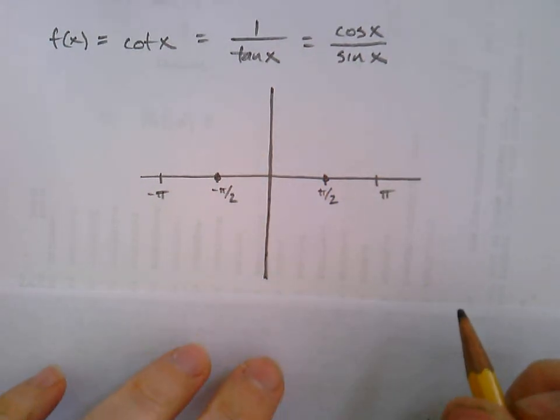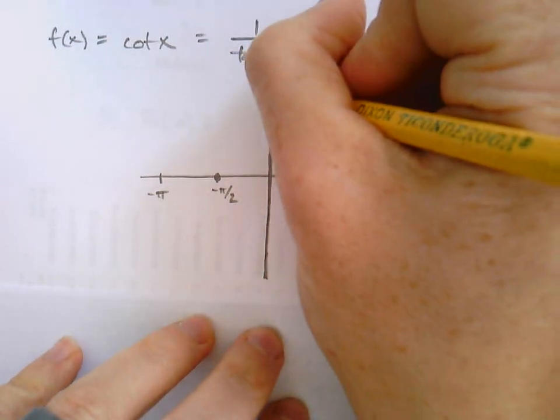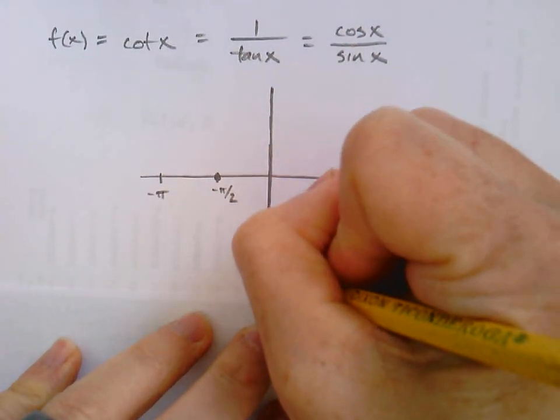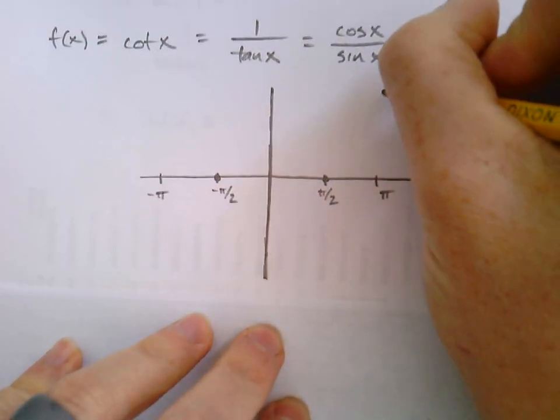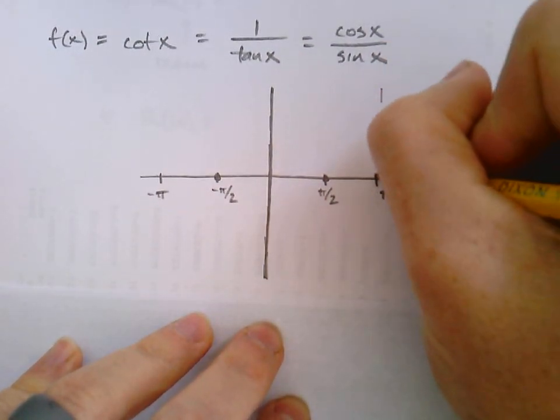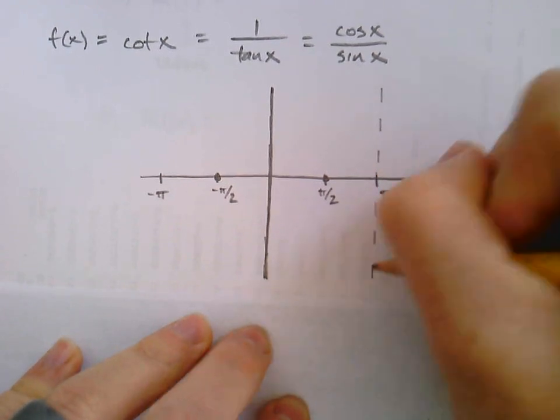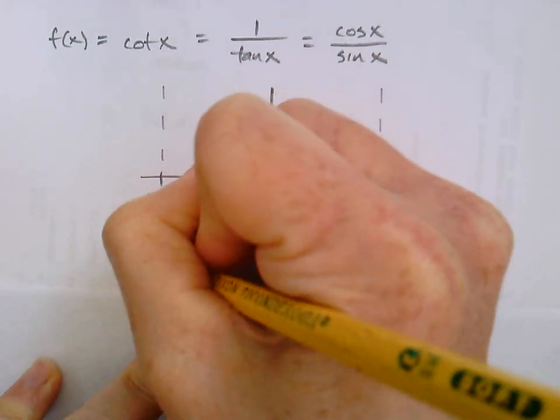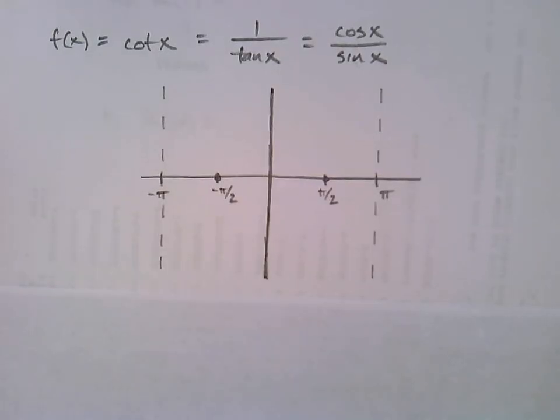So this cotangent of x will have a vertical asymptote here at the y-axis, and then it will have another one over at pi, another one back at negative pi, and then it's going to look quite similar to the shape of tangent, with some kind of adjustment.